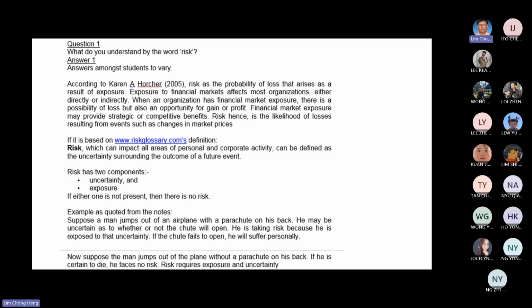But when we talk about risk management in finance, everything is quite similar. So first, we need to understand what risk means. Yesterday I said risk has two components, uncertainty and exposure. If either one is missing, there is no risk.